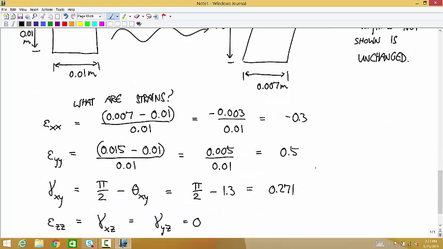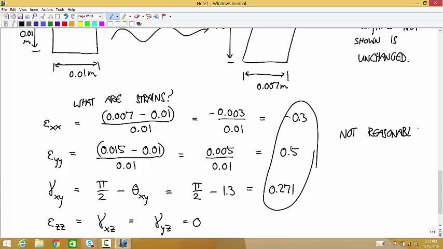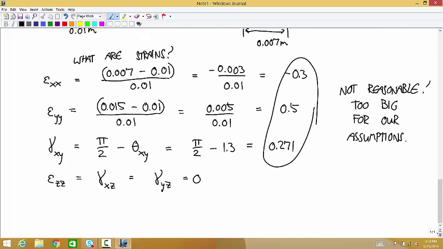What about these values? Are these reasonable? No, not reasonable. Too big for our assumptions. Okay. Any questions about that?